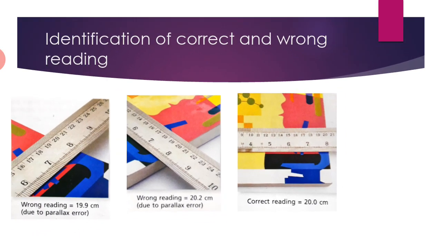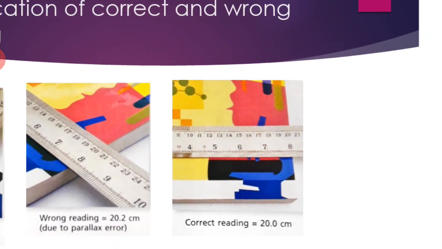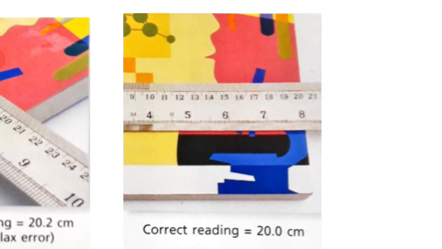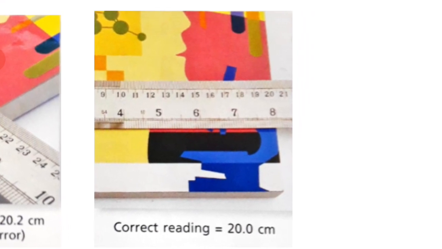So these are all parallax errors. When you are reading from the right side, a parallax error would come. When you are reading from the left side, a parallax error would come. In the last picture, the person is standing in the specific correct place, so he would get the correct reading.